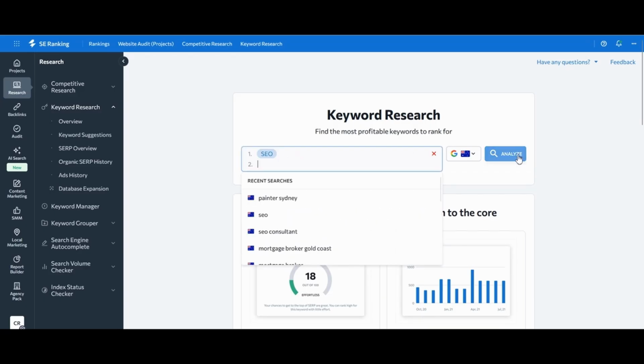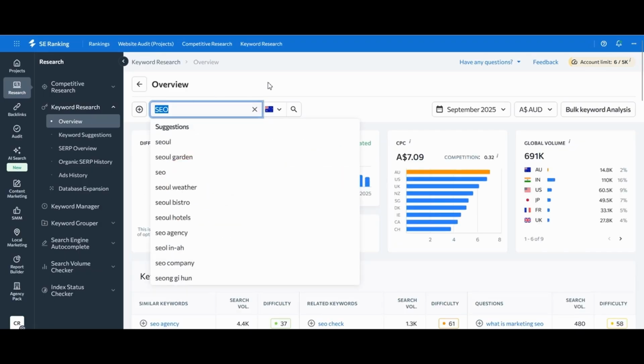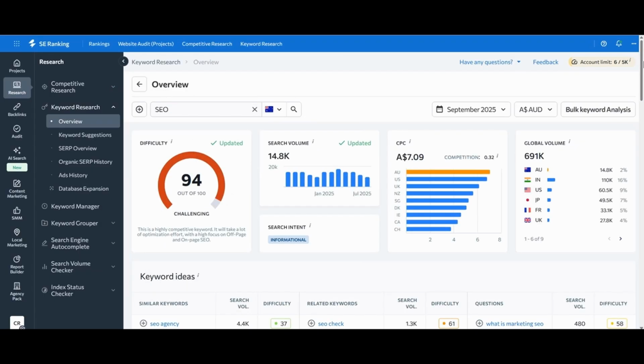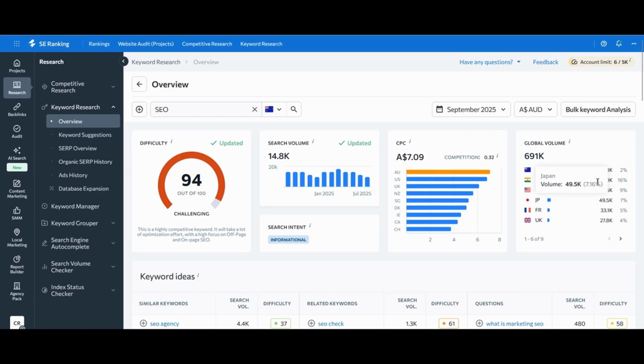As mentioned, it is critical to know what you're optimizing for. If I was to look at the word SEO for search engine optimization, I can see that it's, I would say, next to impossible, 94 out of 100, with 14,800 searches last month and an average click of $7.09 for that one specific keyword alone, if we were to use a cost per click method going off the data provided here.